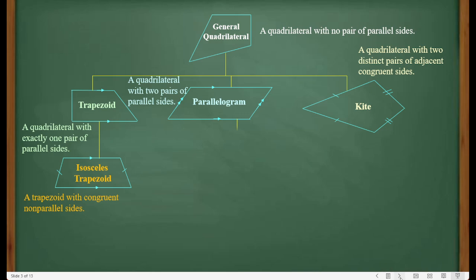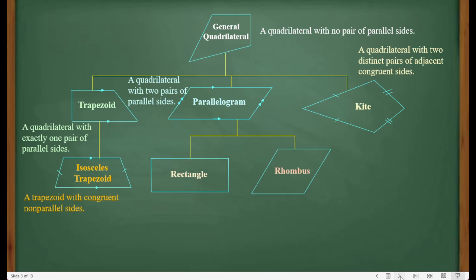Now, what about the parallelogram? The parallelogram is classified into two kinds. Under the parallelogram, we have the rectangle, and the other one is the rhombus.